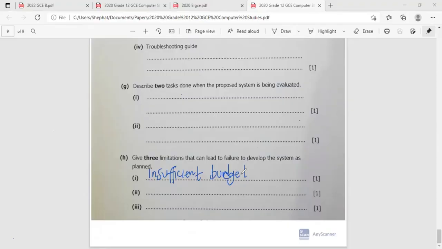The other one is poor project management.